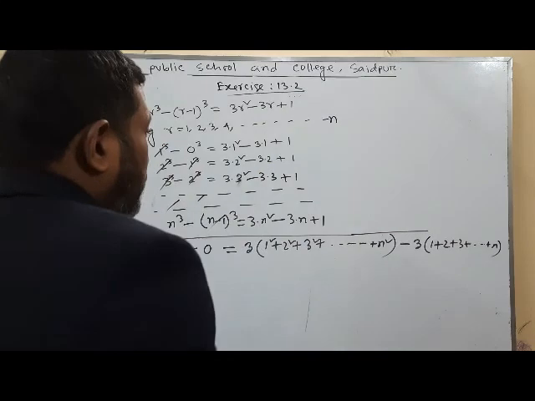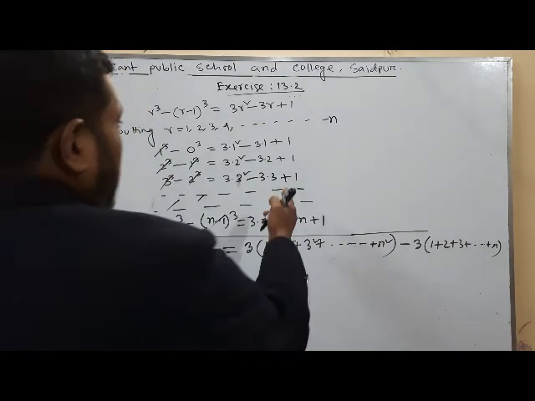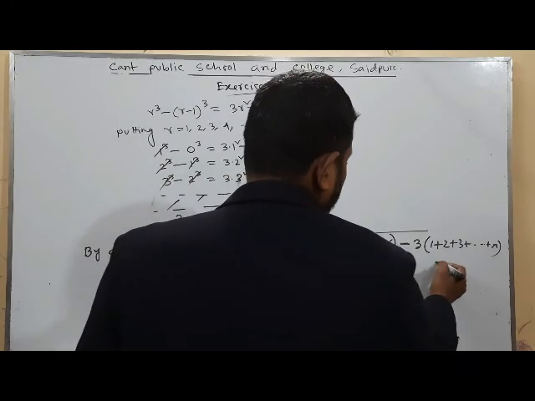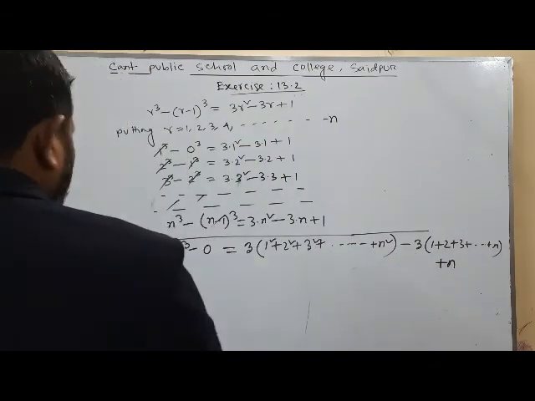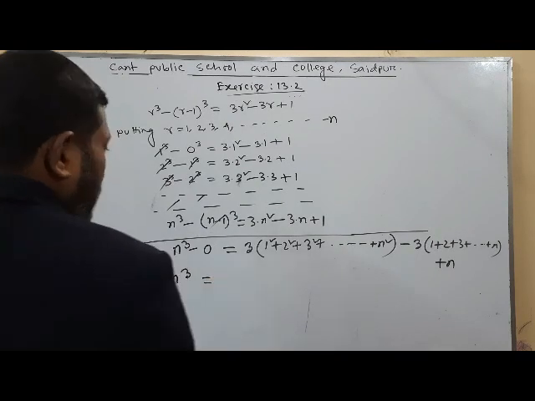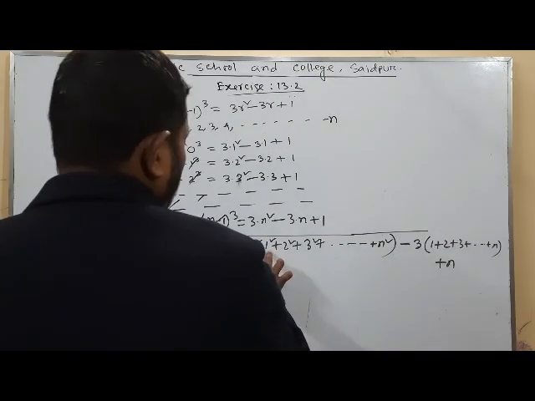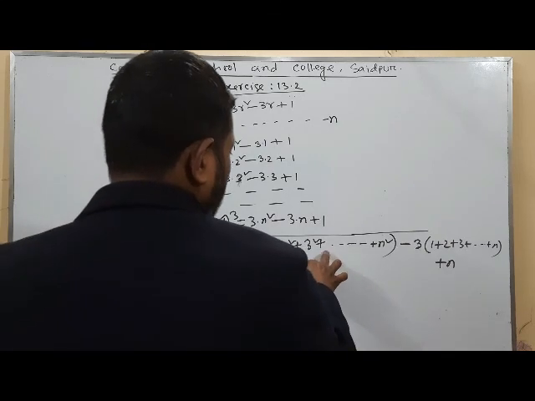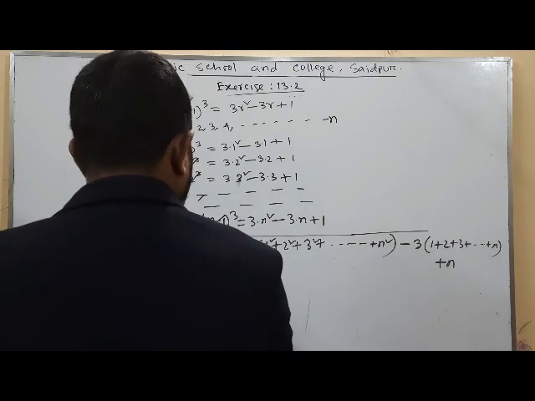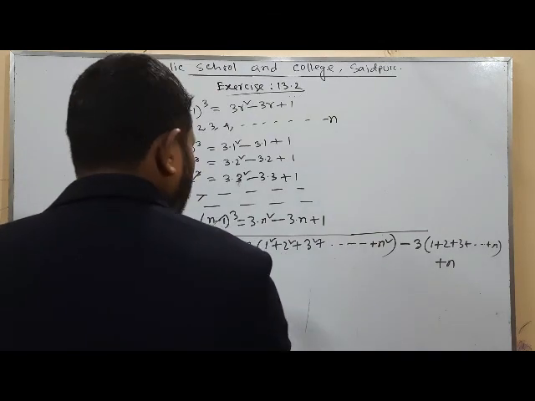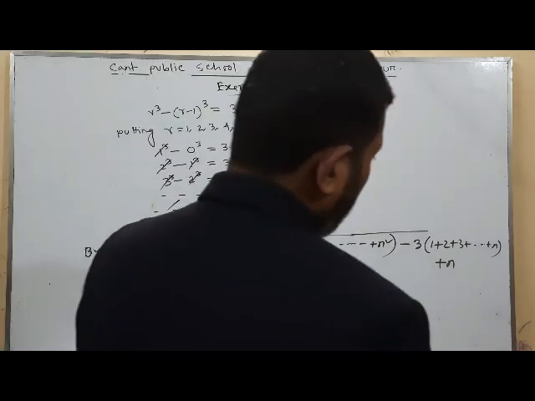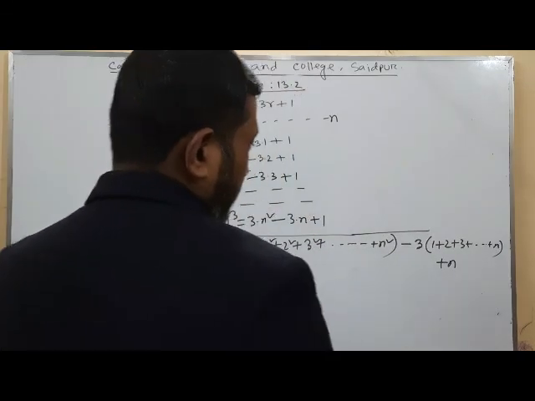How many number of 1 here? You know there are n numbers of 1. So sum of n numbers of 1, this will be n. So n cube is equal to 3 times 1 square plus 2 square plus 3 square plus dot dot n square, that is Sn, minus 3 times 1 plus 2 plus 3 dot dot n.